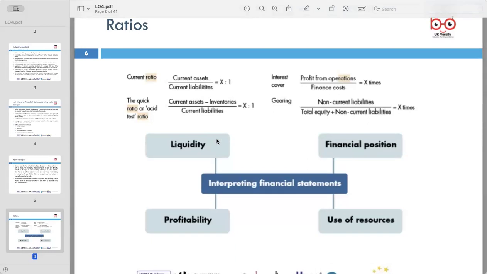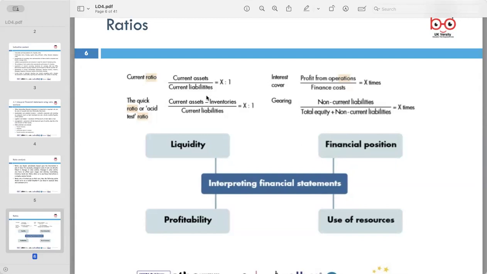Similarly, the quick ratio, also known as the acid test ratio, provides a more stringent measure of liquidity by excluding inventories from current assets. This ratio assesses the company's ability to meet short-term obligations without relying on the sale of inventory.